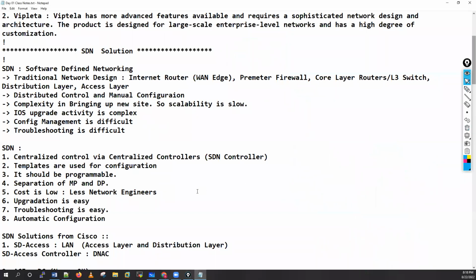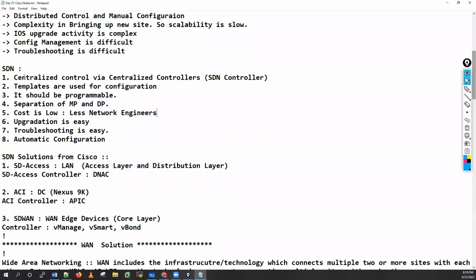Okay, now what does an SDN solution offer? Centralized control via SDN controllers. Basically, you can write templates. What are templates? Templates are common configuration. Let's suppose you have some common configuration.